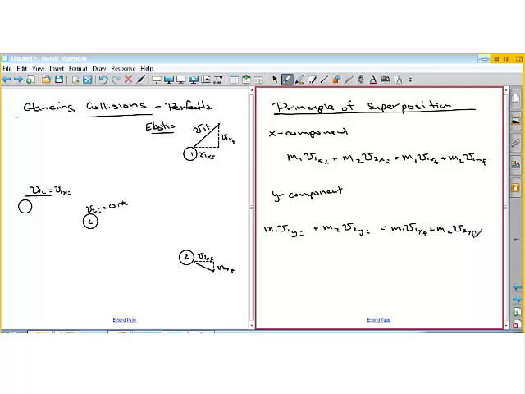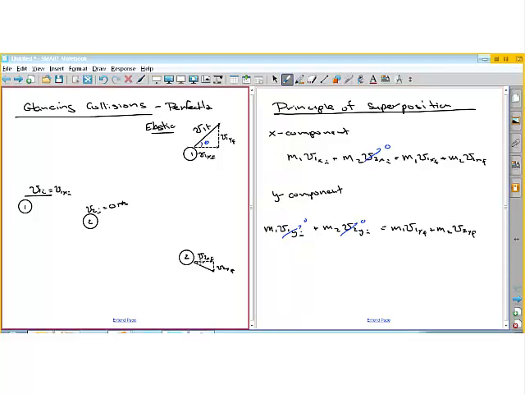Make sure you don't make any mistakes. Okay, so that's conservation of momentum. Now for our special case here, this is 0, and this is 0, and this is 0.